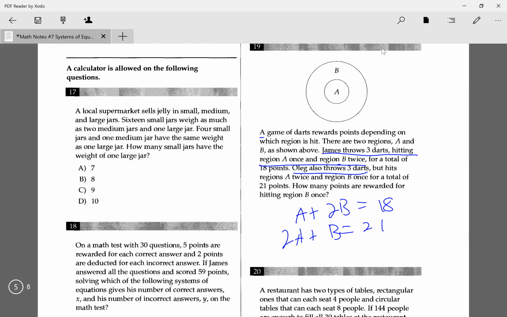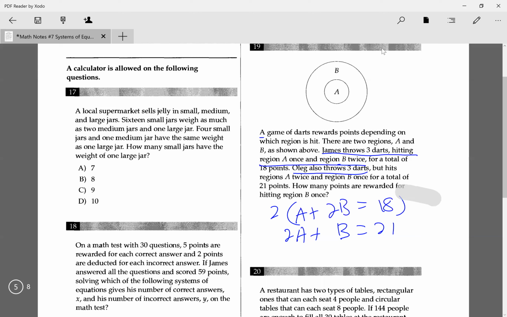So here, what I would do is just a simple system of equations. What I'm thinking first is, is there any way for me to simplify this? No. So do I do substitution or elimination? Here, I would prefer elimination. So I'm going to multiply the top by 2.